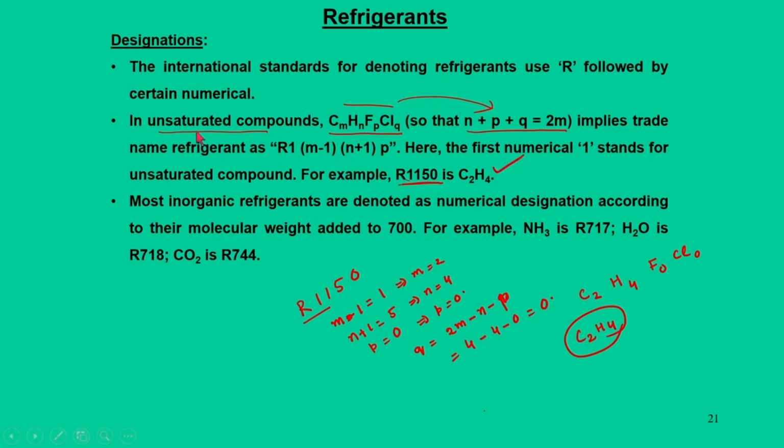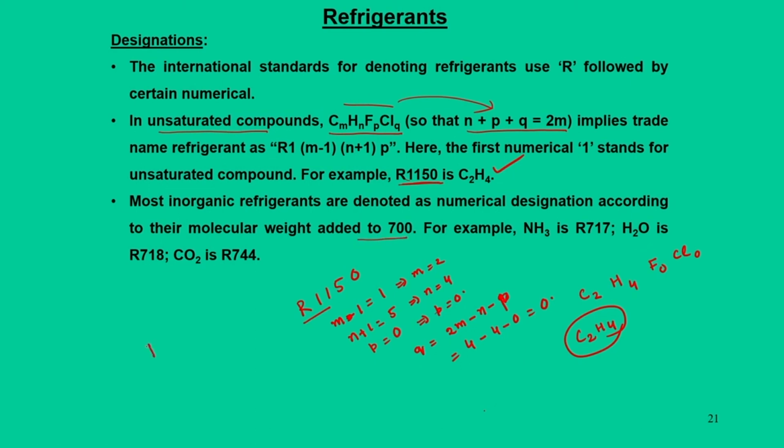So, we have covered saturated and unsaturated compounds, and they are organic compounds. The other, inorganic refrigerants, have three choices: ammonia, water, and carbon dioxide. For these, the standard designation is 700 added to the molecular weight.